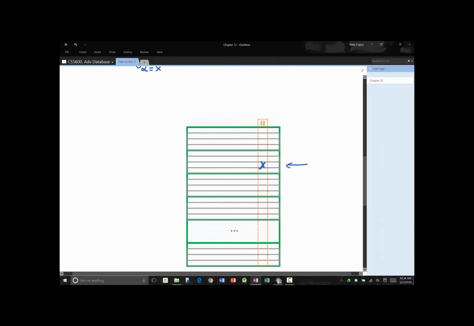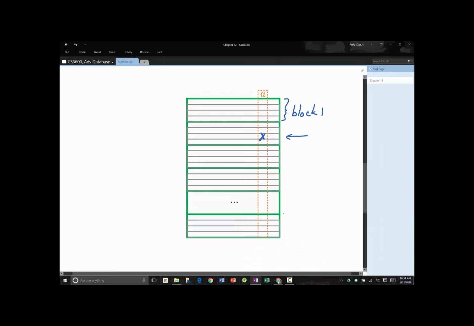You can figure it out pretty easily that since it's not ordered by alpha, we may have to look at every single block, or we might not. What if it was in the first block, right? This is the first block, okay? This is block 1.